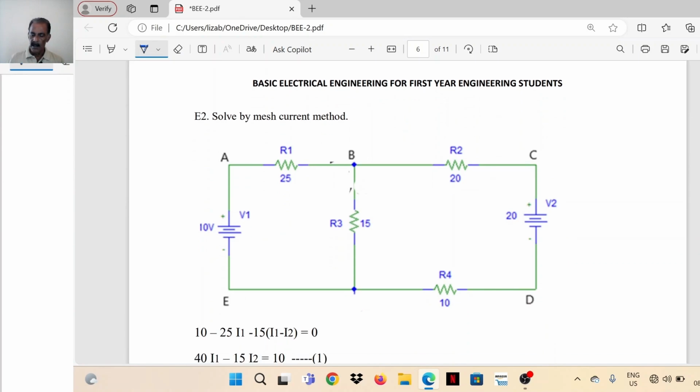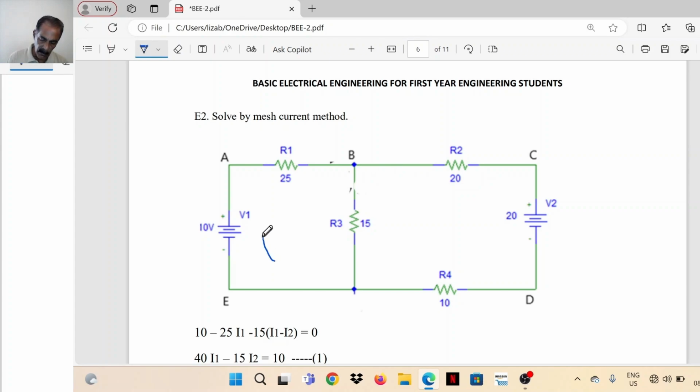So the next example is to solve the given problem by the mesh current method. Assume a mesh or a closed loop. Here two closed loops we can assume, EABE and BCDB.